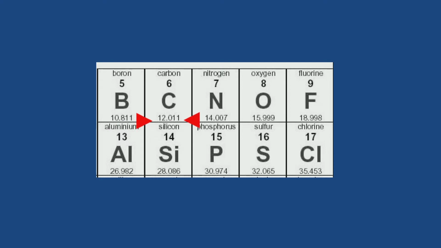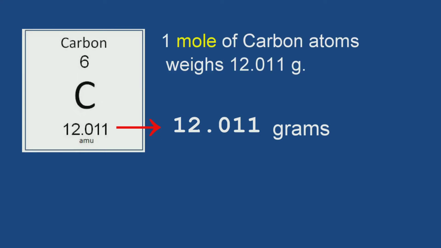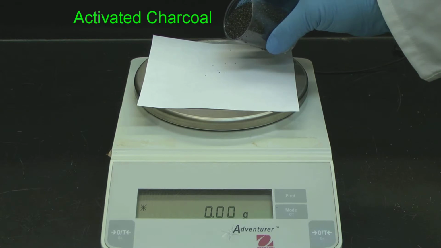So we go to the periodic table and we look up the AMU number of carbon. Then we erase the AMU and write in grams. So the weight of 1 mole of carbon atoms is 12.011 grams. Now she needs a source of carbon atoms.